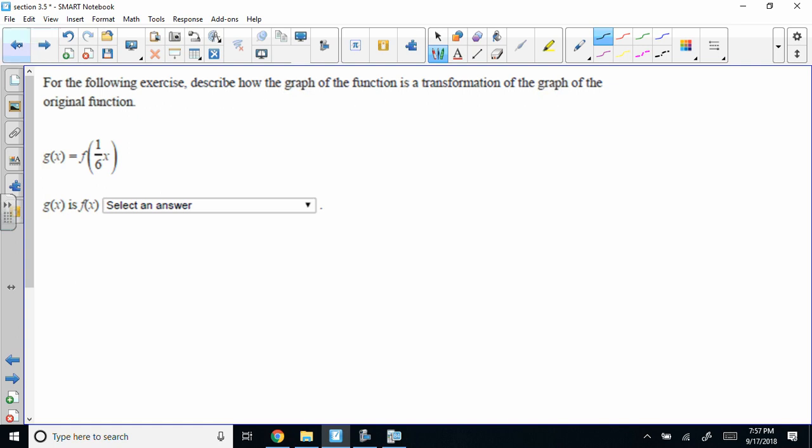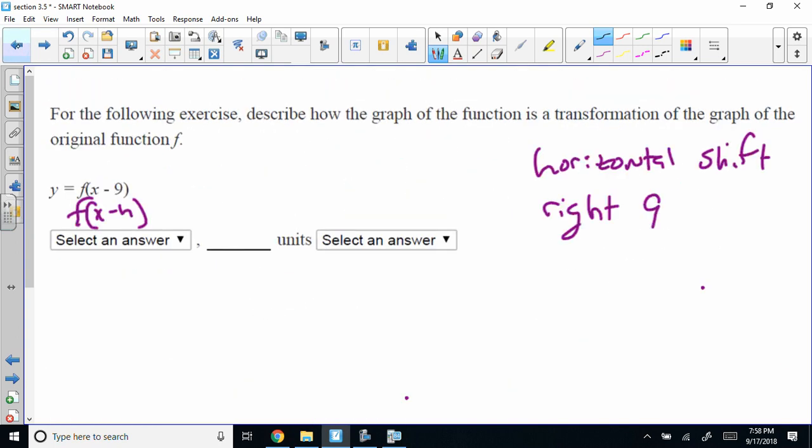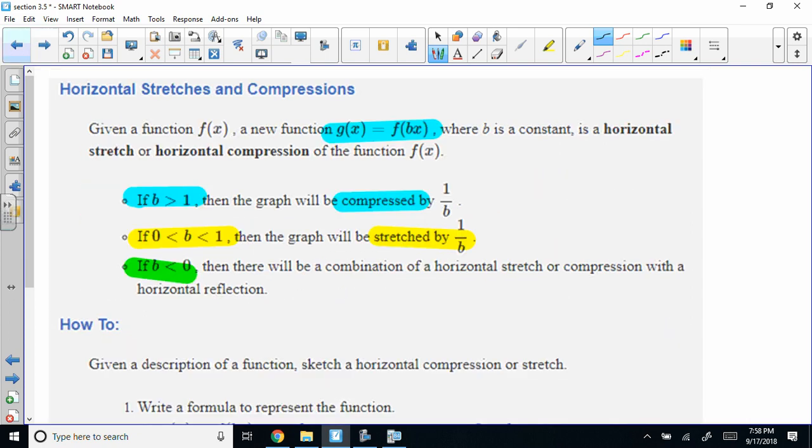Let's go back. No, you're right. You're right. Yeah. It's 1 over B, and B, if B is, yeah.